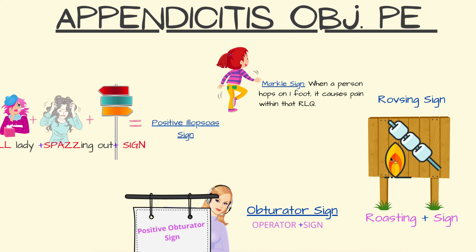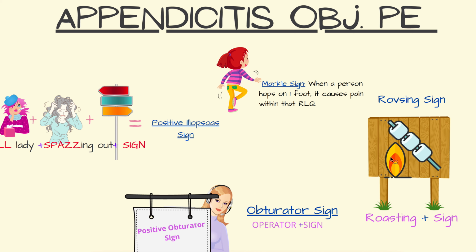The Rovsing sign also is something you will need to know for boards. And the obturator sign: something that could help you remember is an operator, because it sounds similar to obturator. Again, it's all about the recall and knowing what to assess for.